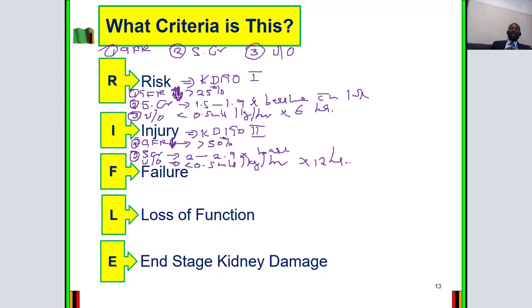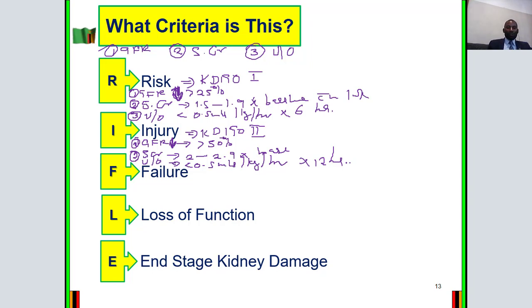So that tells you that is stage 2, which is injury. Meaning at stage 2, now there is marked injury. At stage 1, those are just the risks. If we don't address those risks, there will be an injury.